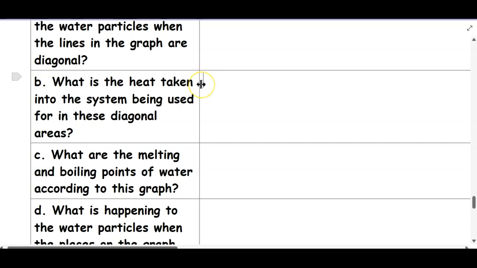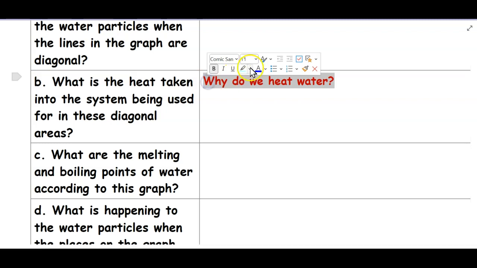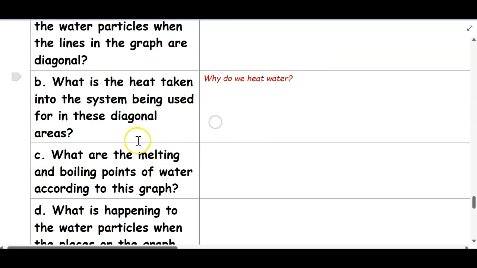Another way to say it is, why do we heat water? What is the heat providing us? So we'll stop a second and let you analyze this.